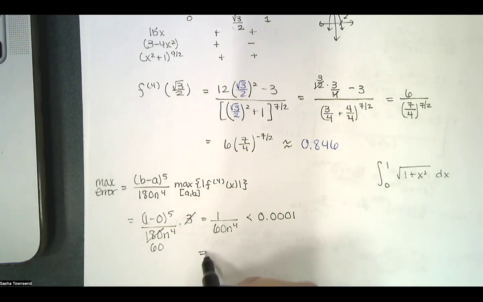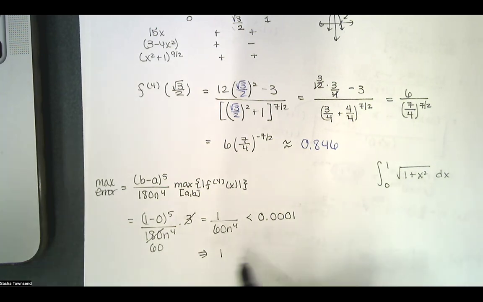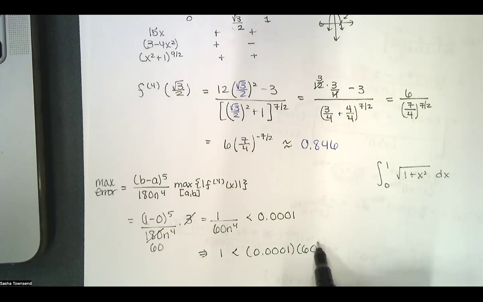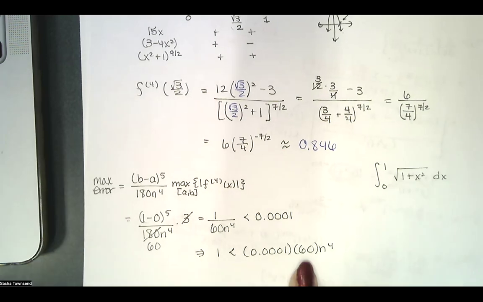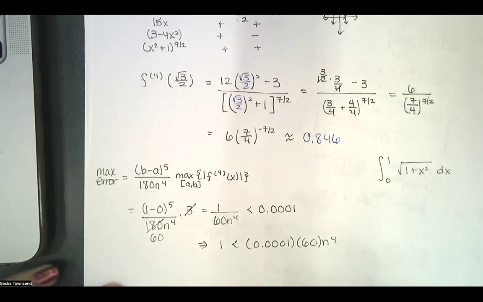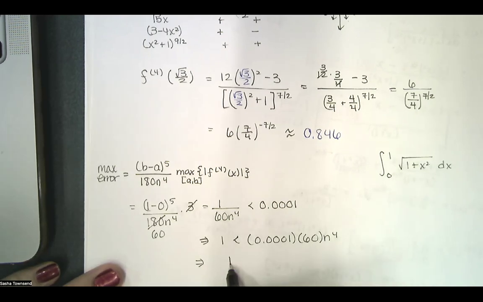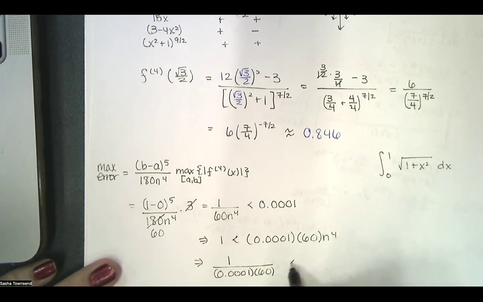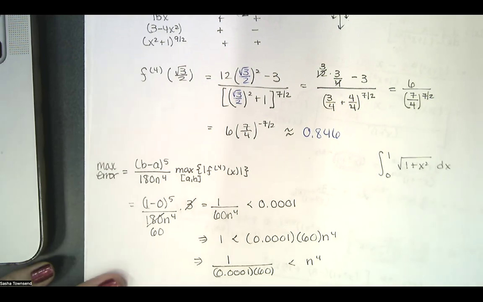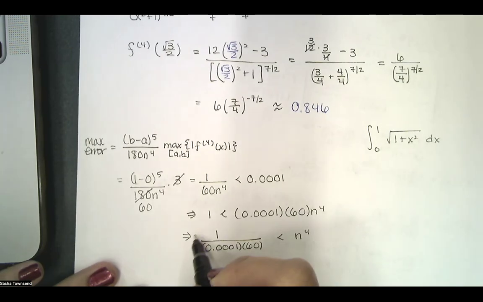So we'll multiply both sides by that 60 times n to the 4th. And we'll divide both sides by the 60 times that number. And then we want to take the 4th root of both sides.